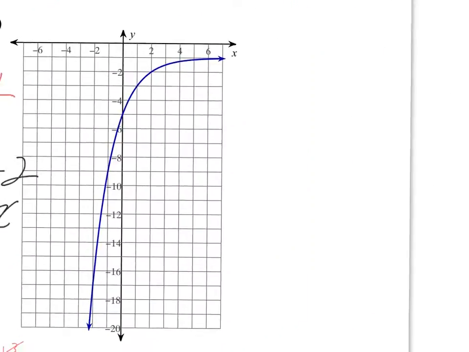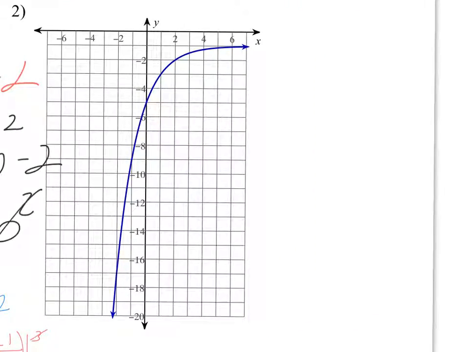All right, looking at our other one of these. In this case, I've got a horizontal asymptote at -1. So y is equal to ab to the x minus 1. Look for a couple points. It looks like I've got a point at 1 comma -3, and it looks like I've got a point at 0 comma -5.